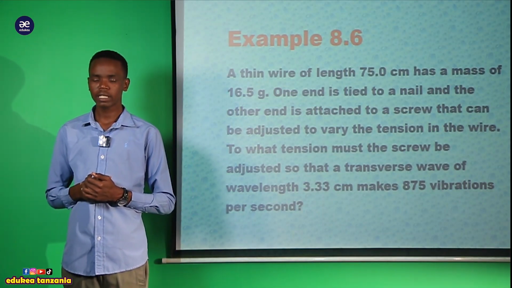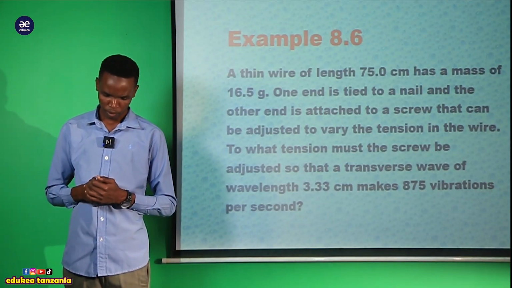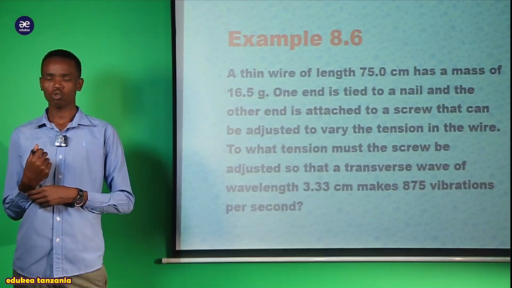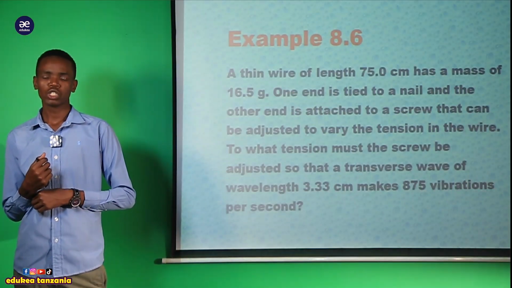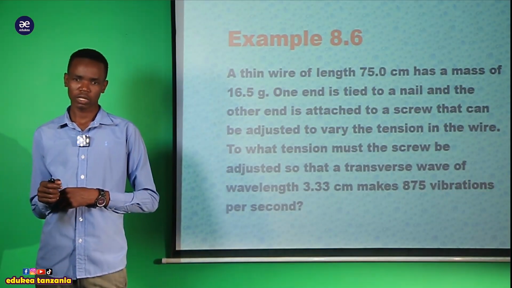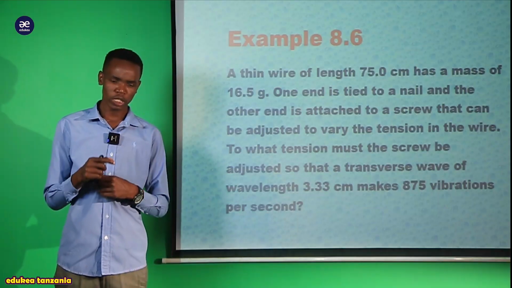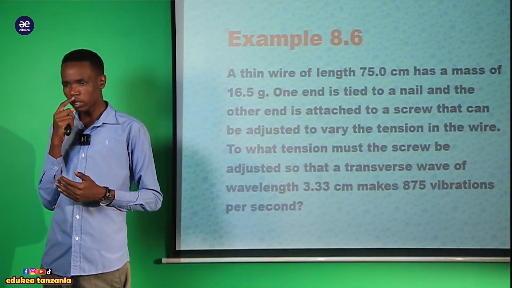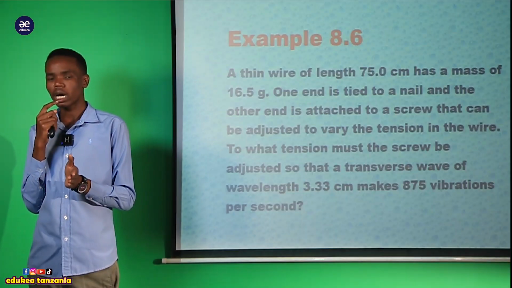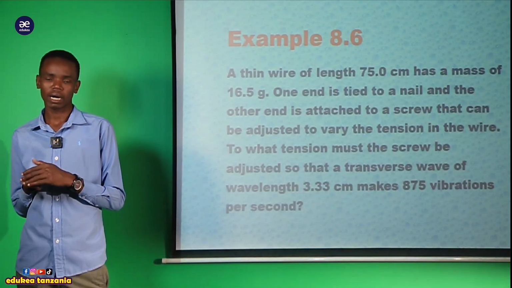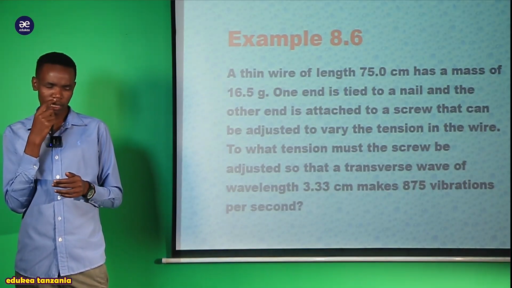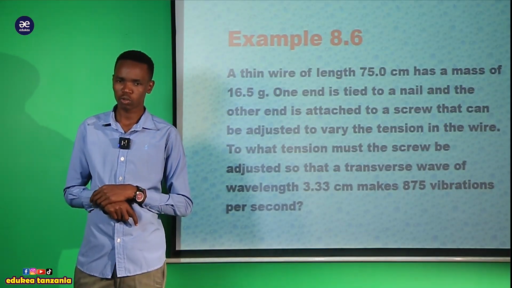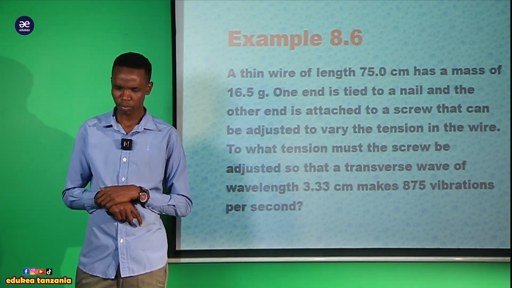After that, we said that if the number of harmonic is equal to 1, we obtain the fundamental frequency, or the first harmonic, which can be expressed as V divided by 2L. That is what we demonstrated in the last session.